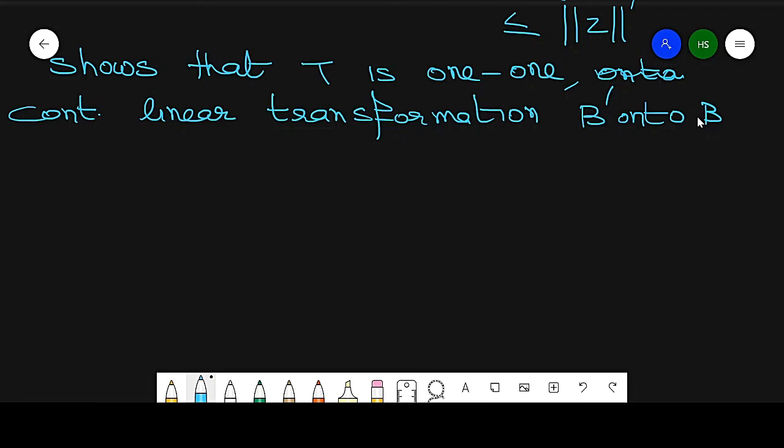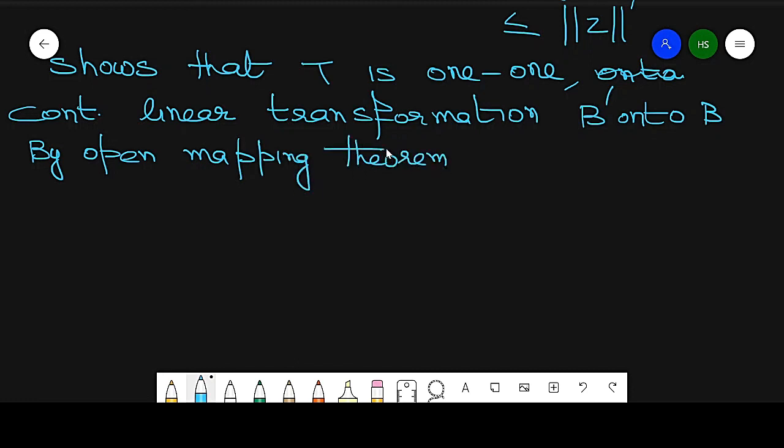So it means by the open mapping theorem, T is a homeomorphism, and B dash and B are homeomorphic. So hence P from B to B dash is continuous. So this is its converse part, by the open mapping theorem. What is the definition of continuous?